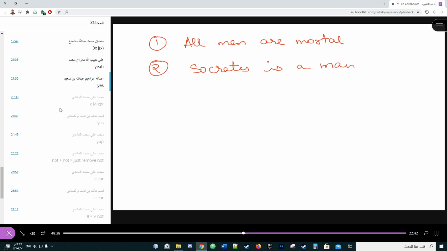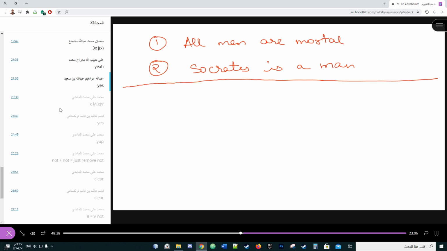Okay, so we have two English statements. So we need to translate this. So how do we start off? Okay, all men are mortal. Yes, we need the quantifier "for all", but men, mortal, so we need something to relate this. So my first job is to find out a function.